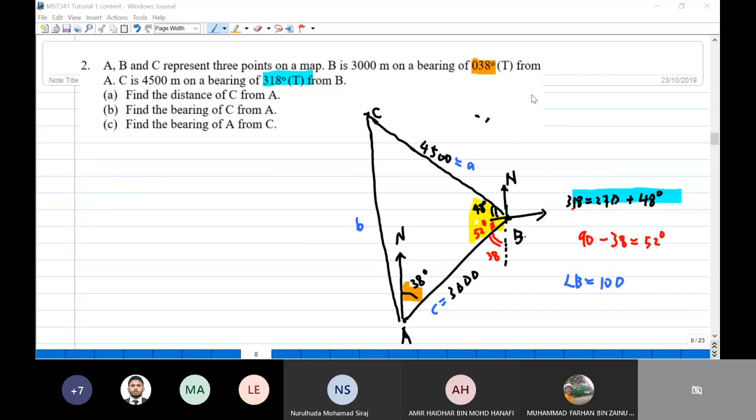Okay, I show you the working. The angle B is 180 degrees.